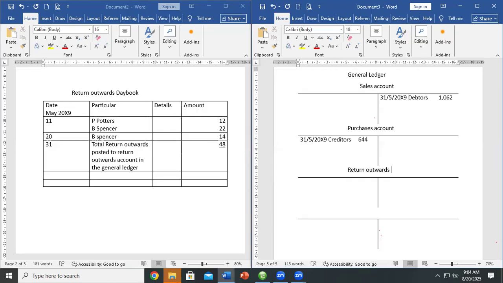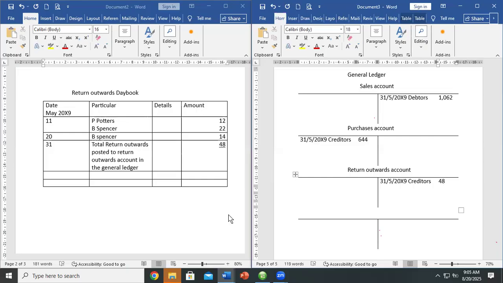Then record it there. Return outwards, what do we do? We credit, right? When you return goods outwards, you credit return outwards. So we use the closing date 31st. The narration is, you return to which people? Your creditors, right? Or suppliers. But creditors is more suitable here. You put the total 48, and that's all.